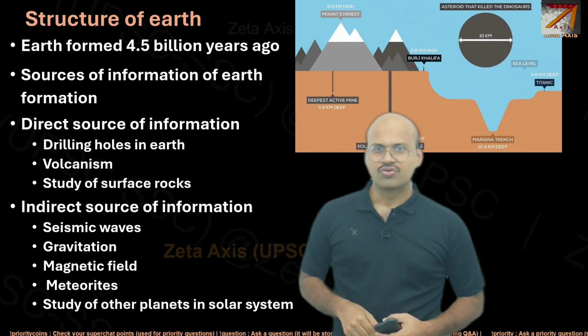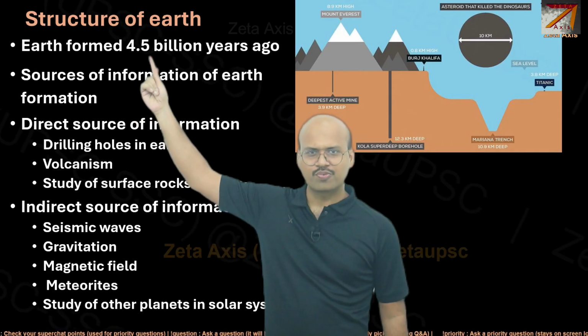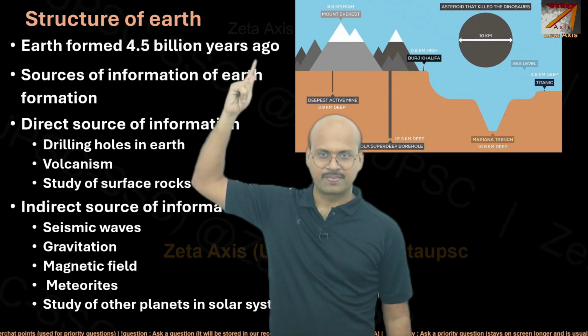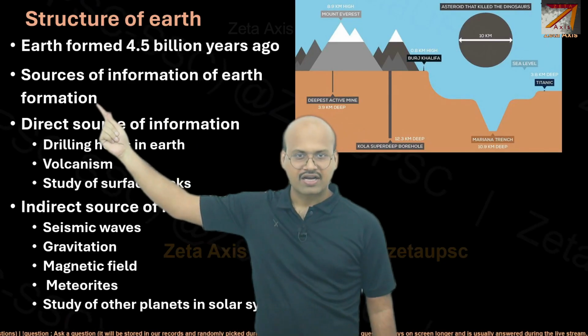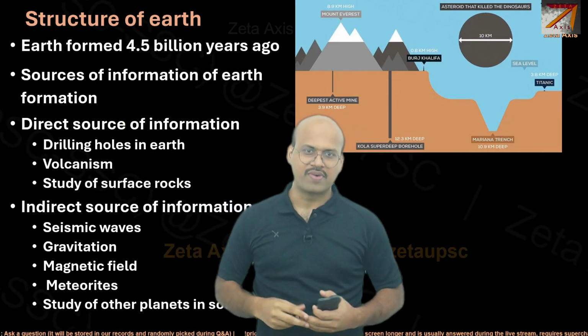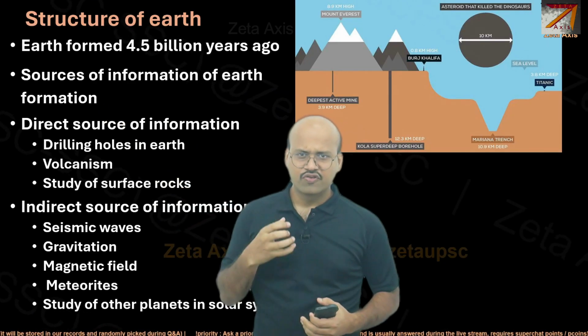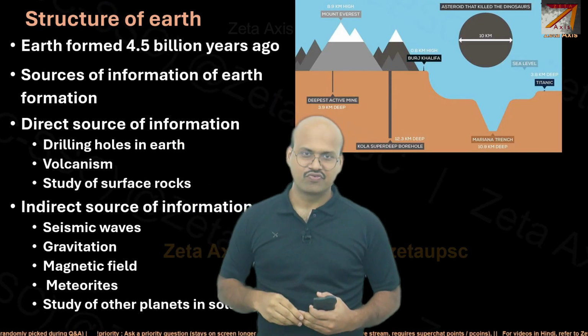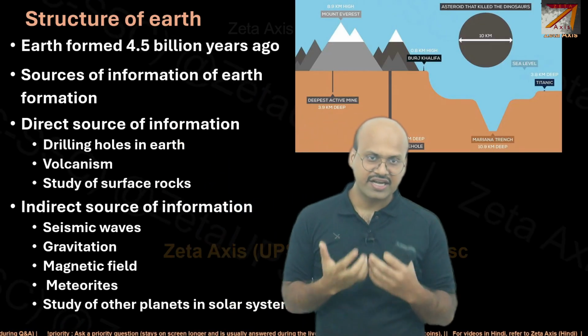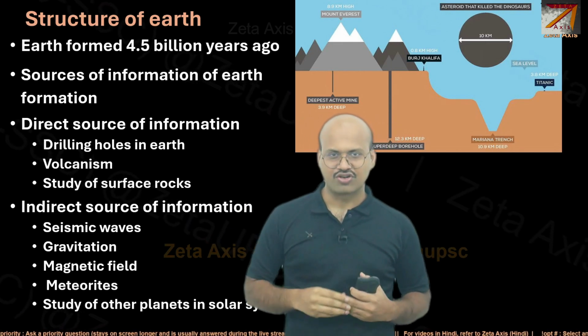So we know that the Earth was formed 4.5 billion years ago. But the sources of information of Earth formation are not directly available to humanity. There are only a few direct sources, but they do not go very deep. We know that the radius of our Earth is around 6,000 kilometers.